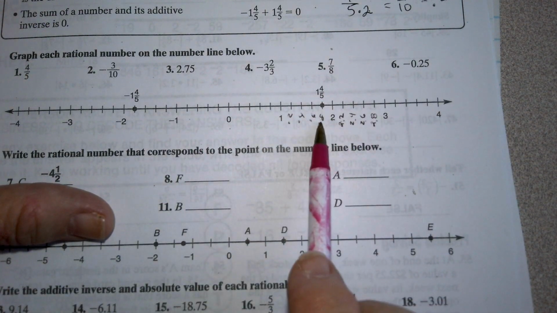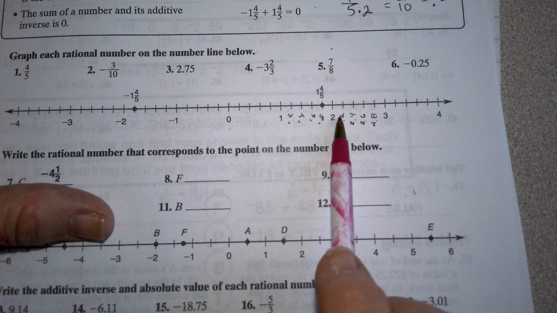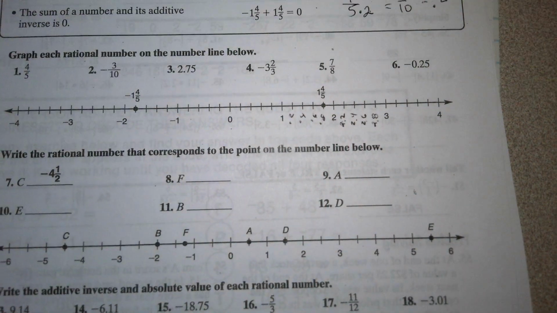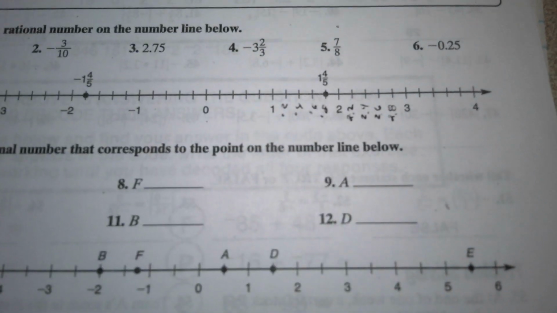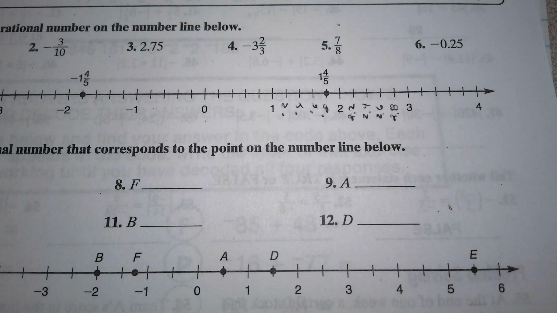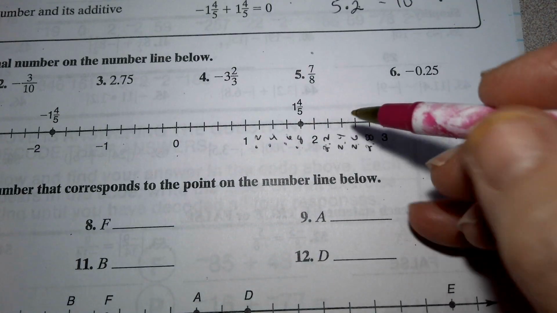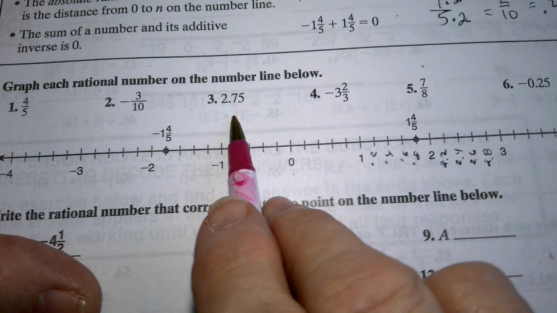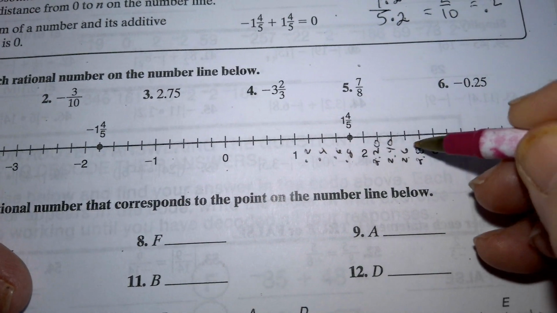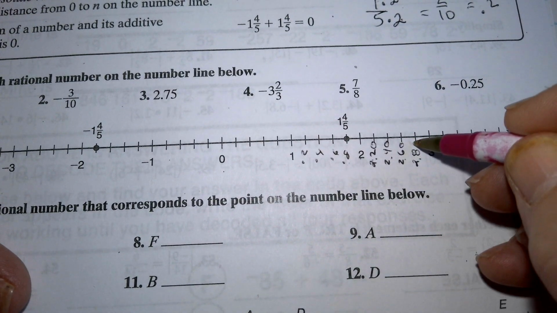So if I want to get that precise, guess what I need to tack on to each of these? I need to make it hundredths. A 0. So I'm looking for this number, so I'm going to tack on a 0. So 2 and 20 hundredths, 2 and 40 hundredths, 2 and 60 hundredths, 2 and 80 hundredths.